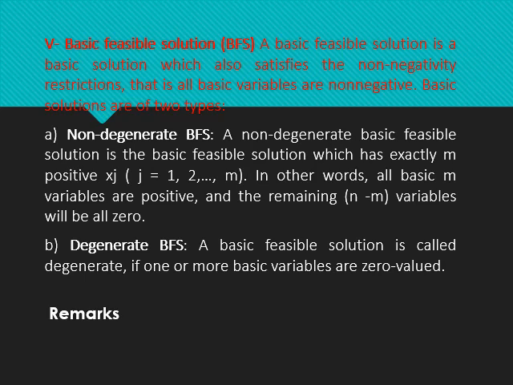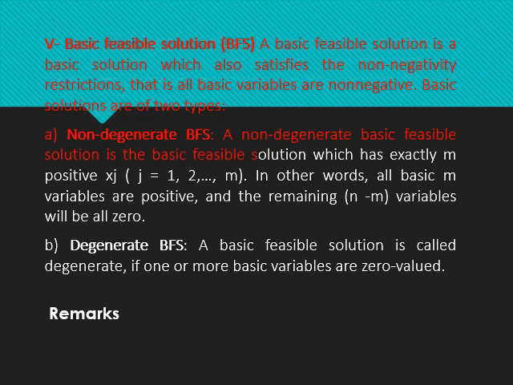A non-degenerate basic feasible solution is a basic feasible solution which has exactly m positive xj, j equal 1 up to m. In other words, all m basic variables are positive and the remaining n minus m variables will be all 0.